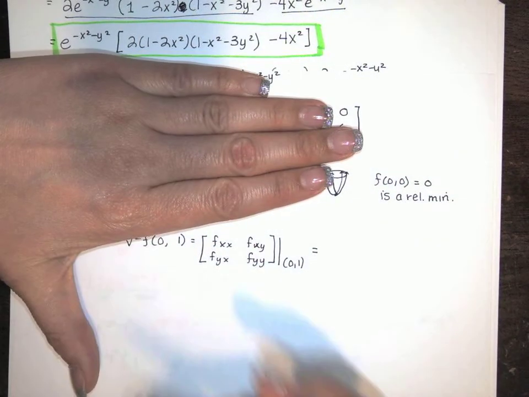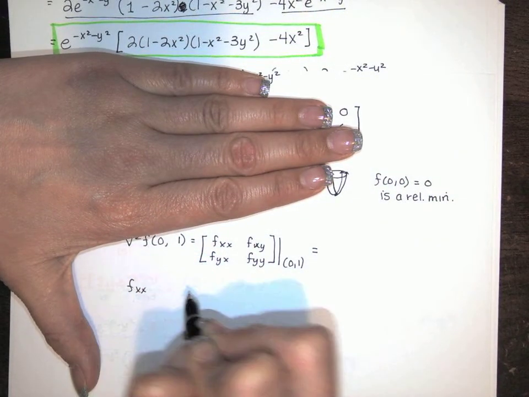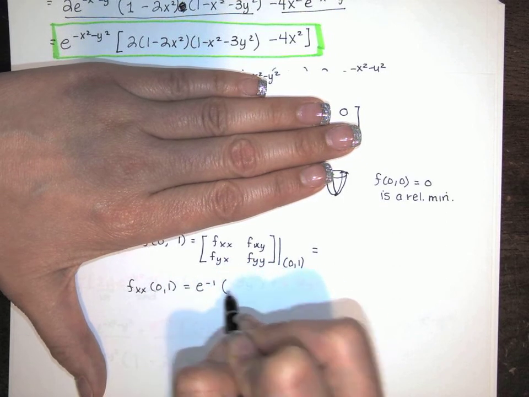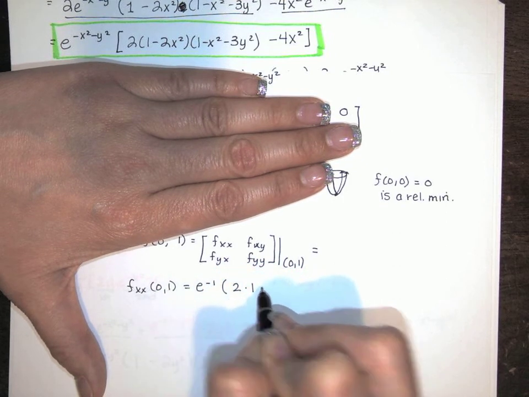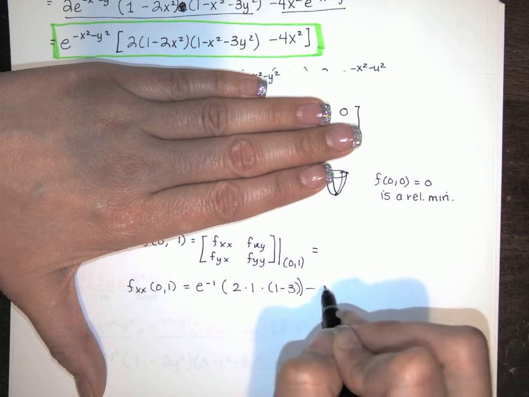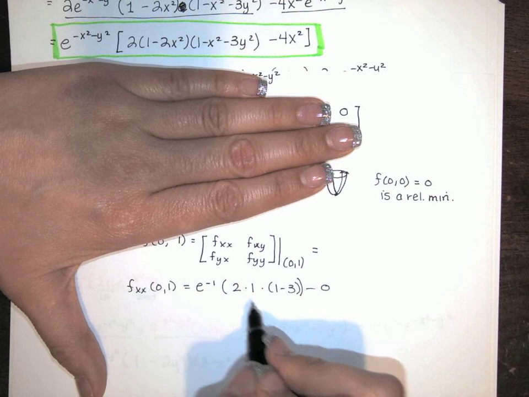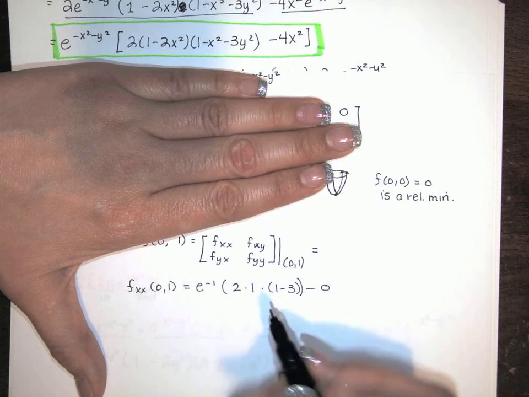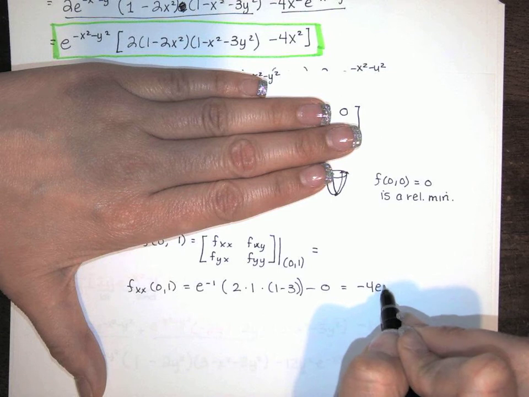Second partial with respect to x at (0, 1) is e to the negative 1 times 2 times 1 times (1 minus 3), and x is 0, so that's minus 0. So we end up with negative 2 times 2, which is negative 4, times e to the negative 1.